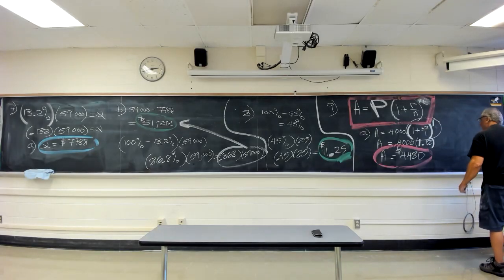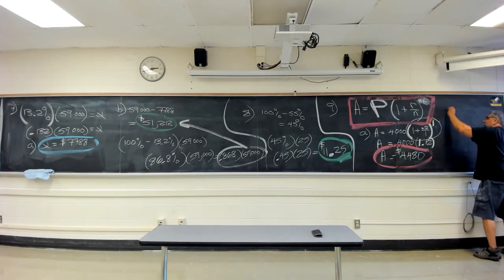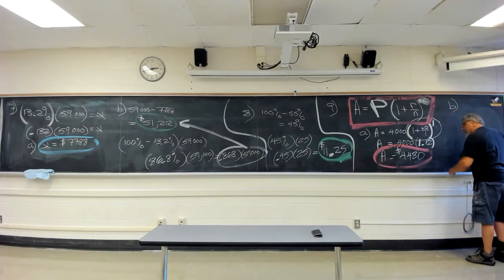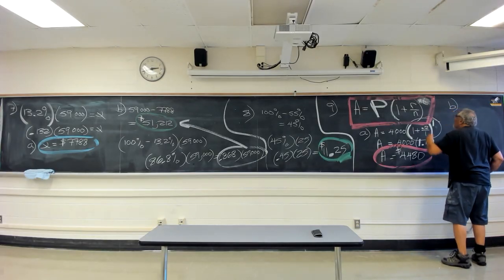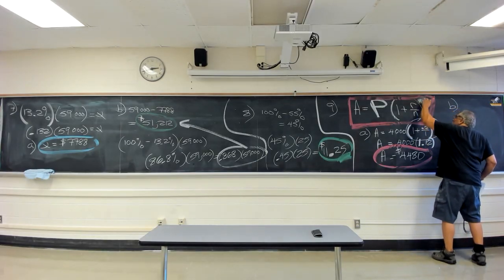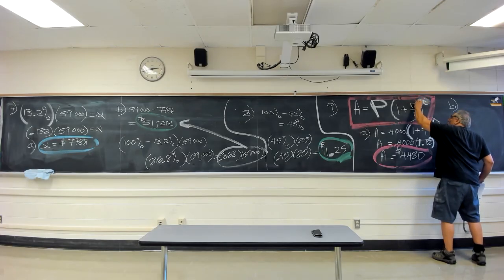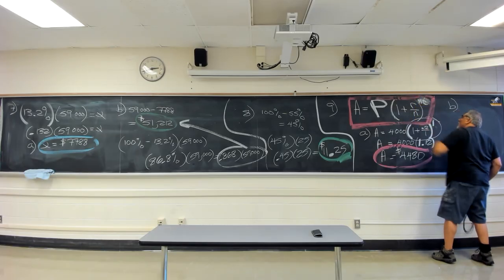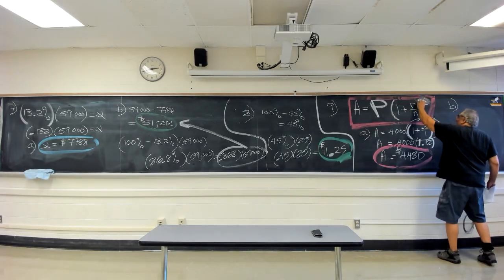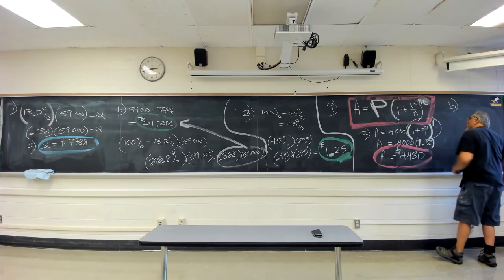Let's deal with it as they got it. I don't know how good this shows on camera, guys. I almost shouldn't have erased it, but I did. Okay, here we go. And we can always back up the film a little bit, see how I did it before.